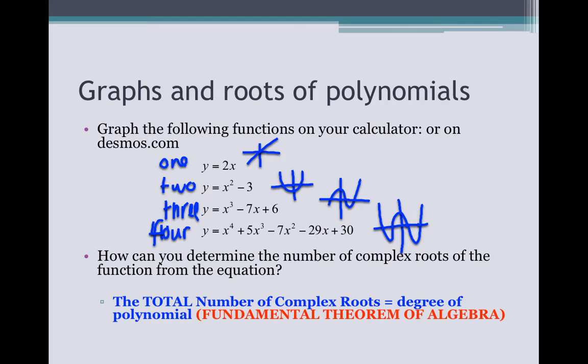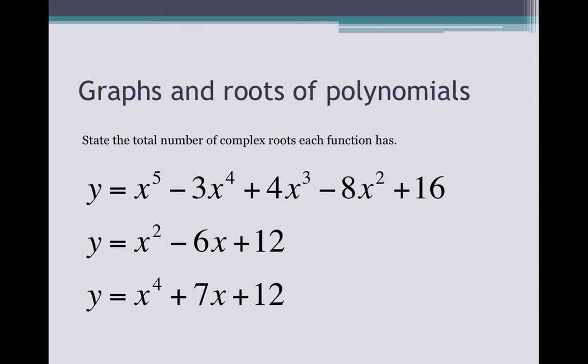So what happens is the total number of complex roots, so the real and the imaginary together, equals the degree. Degree 1, 1 root. Degree 2, 2 roots. Degree 3, 3 roots. Degree 4, 4 roots. And that's called the fundamental theorem of algebra, that the degree and the number of roots are the same.